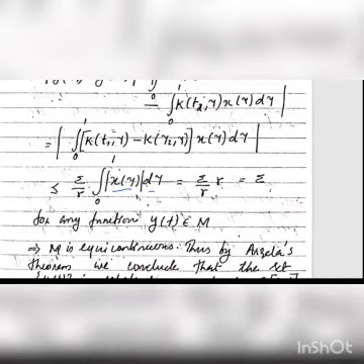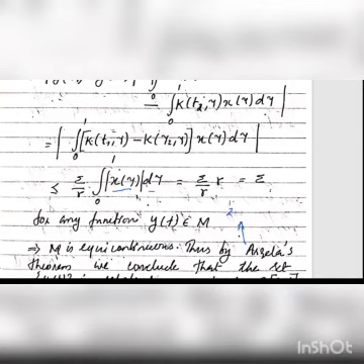So any function y(t) belonging to M is equicontinuous. Thus, by Arzelà's theorem, we can conclude that the set of y(t) is relatively compact in C[0,1]. What was Arzelà's theorem? Arzelà's theorem says that a set is going to be pre-compact if it satisfies two conditions.